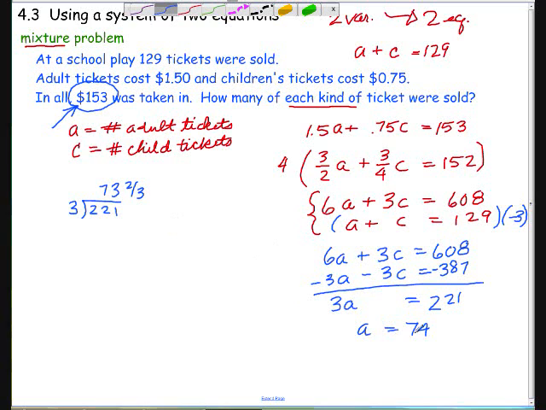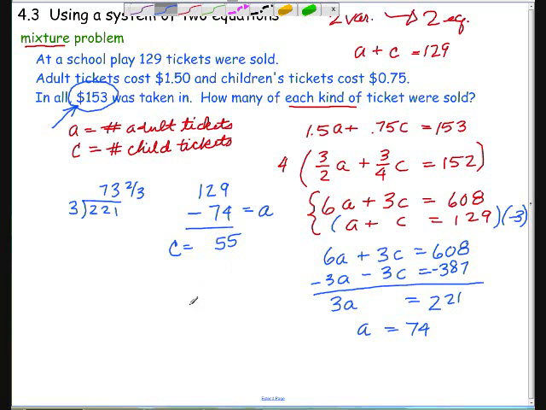If a is 74 and we sold 129, then c must be equal to 55.